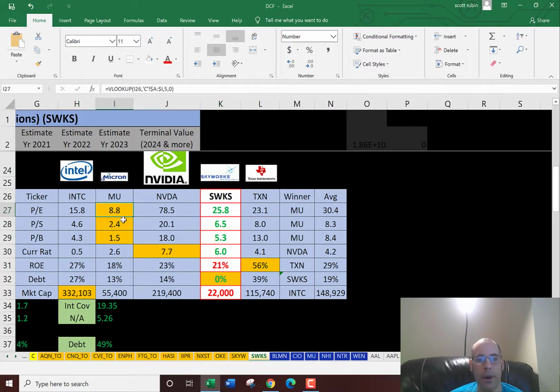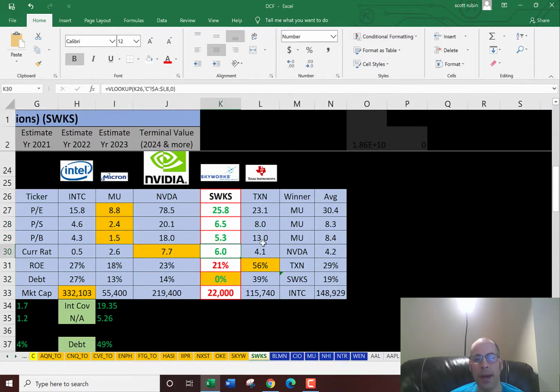And if a number is in orange, that means they're the best in that category. So Micron has the best PE of 8.8. Skyworks is 25.8, which is better than the average, but that's still not a good ratio. Skyworks is better than the average in price to sales, but it's still on the higher side. Micron is leading in that category as well as price to book.